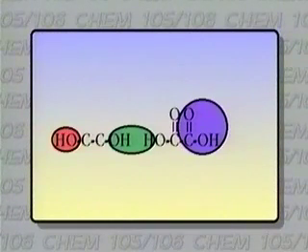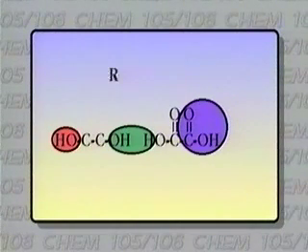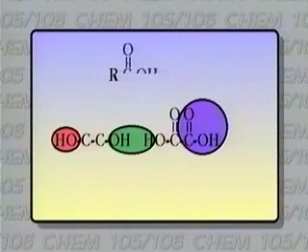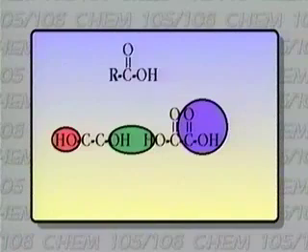So let me just put this together, and I'm going to put everything in here now as an R. That's the whole mess. That's the actual ester part at this point. But we still have this acid sitting over here, and on this side we still have an alcohol.